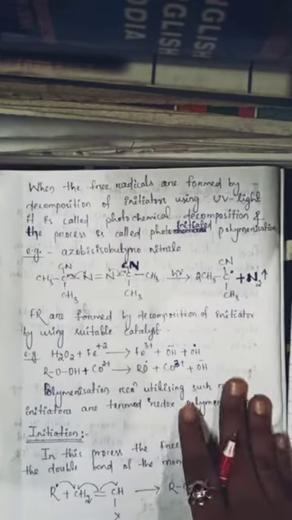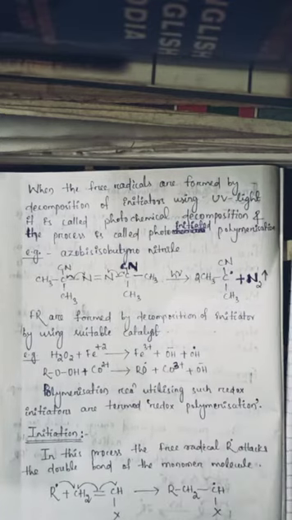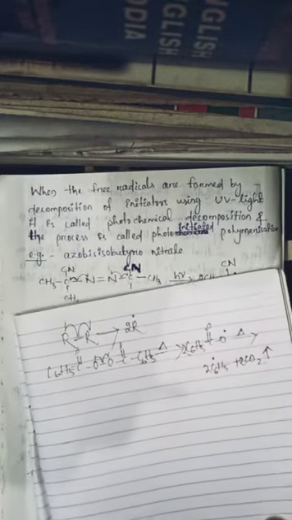When free radicals are formed by the decomposition of initiator using UV light, it is called photochemical decomposition, and the process is called photo-initiated polymerization. Example, azo-bis-isobutyronitrile.